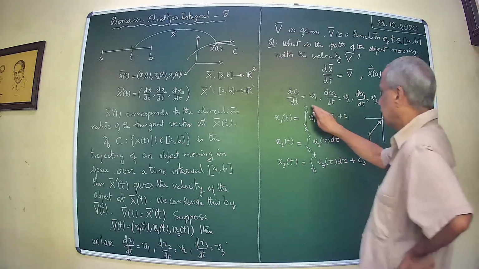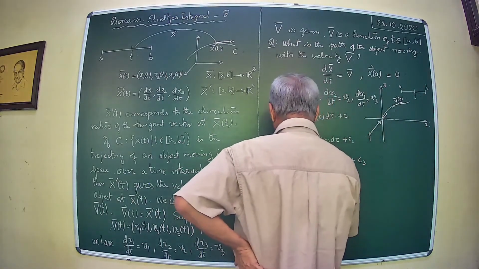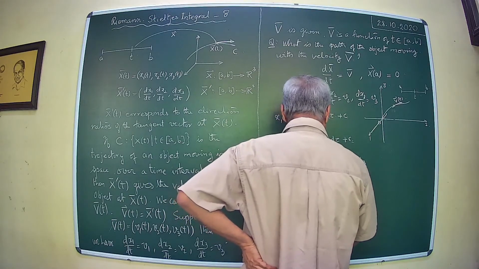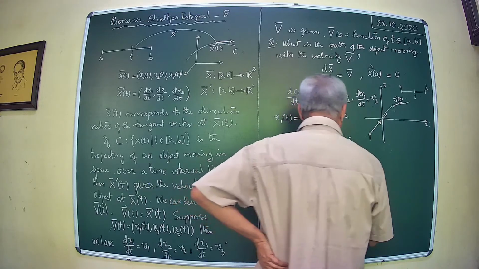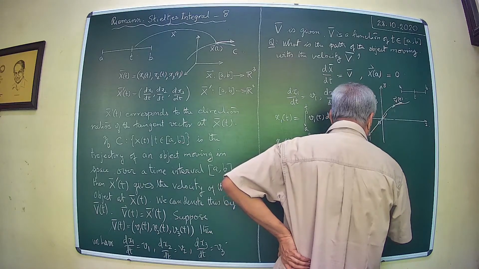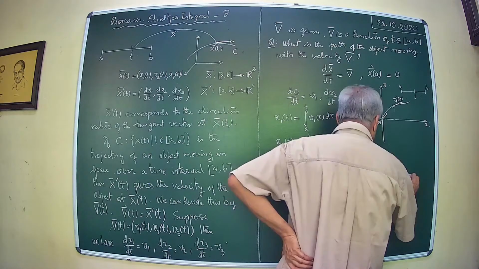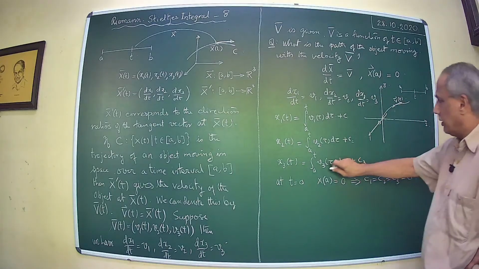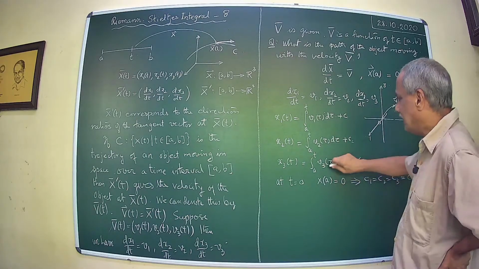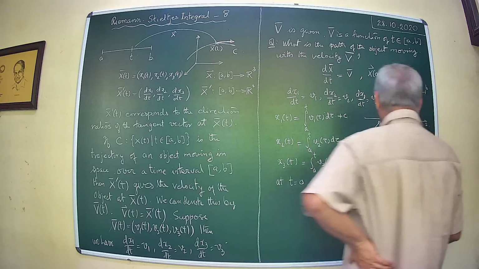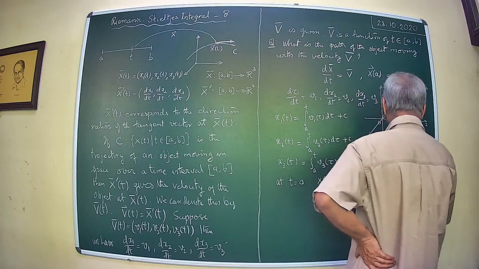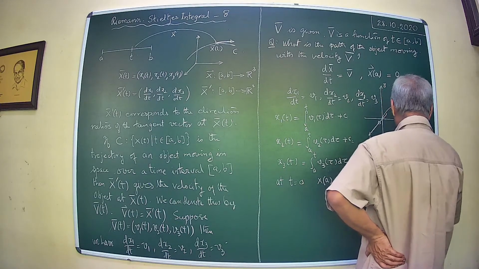That means at t equal to a, x is 0, which implies the constants vanish, and therefore you have to start working on the integral of this, and that essentially requires you to develop the following: integral a to b.